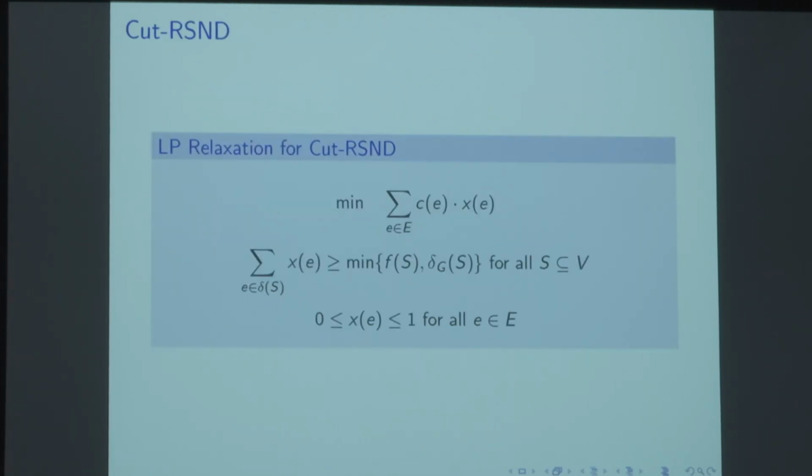But before that, we can write a simple linear program for cut RSNDP. You have an indicator variable x_e which takes value between 0 and 1, and you want to minimize the sum of c_e x_e, the total cost of edges picked, and you want that across every cut, you have at least min of f of s comma delta g of s edges. That's it.